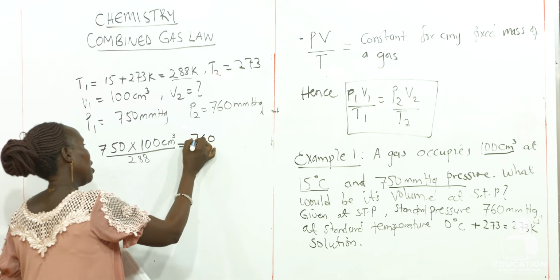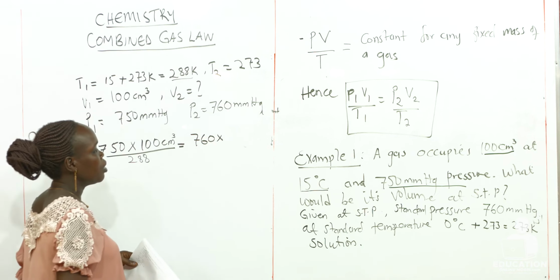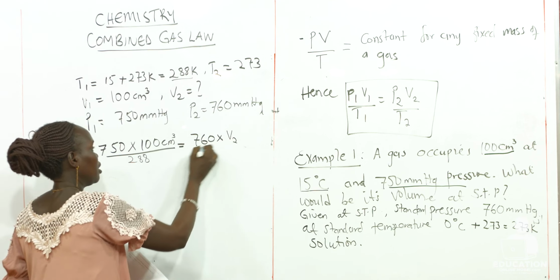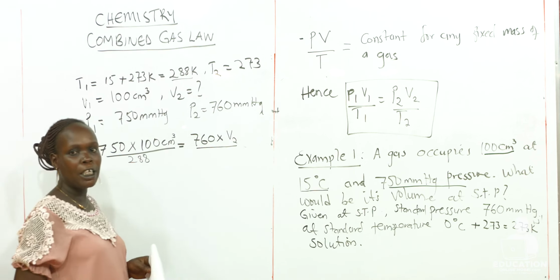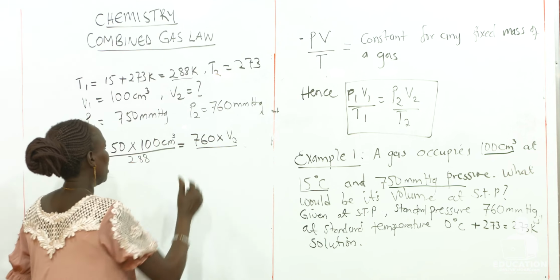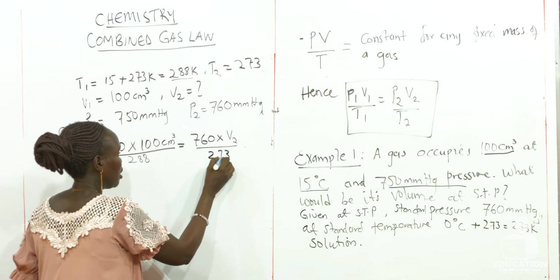760, multiplied by volume 2, which is unknown, then divided by temperature 2, which is given as 273.